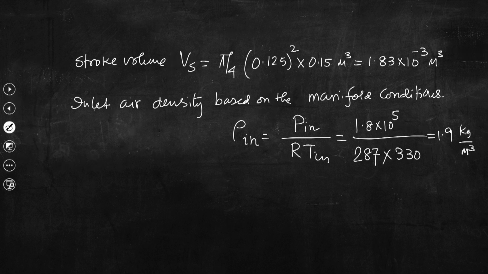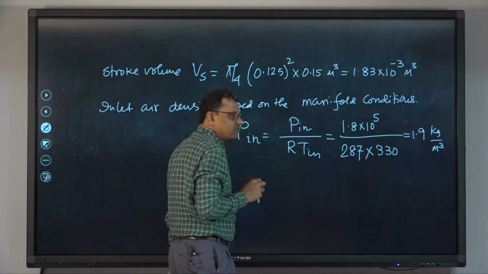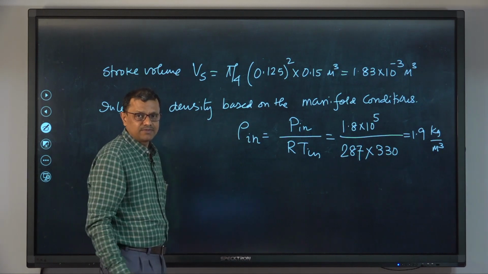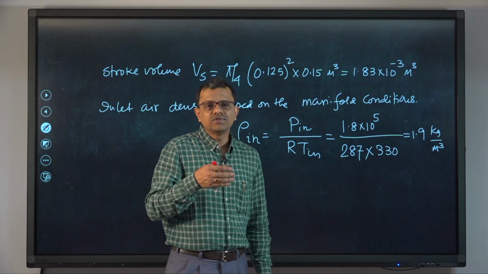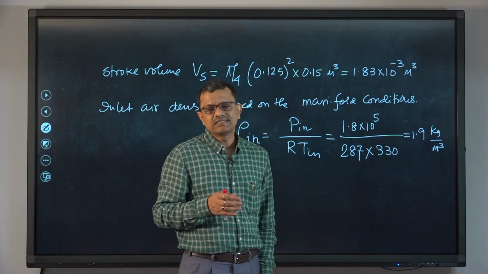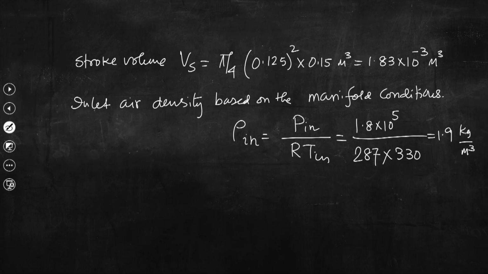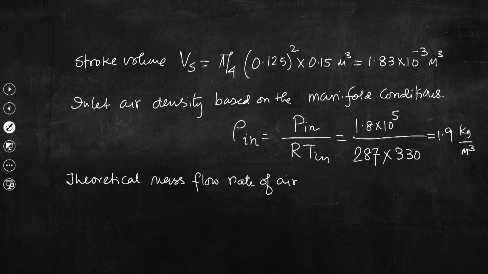Okay. Now, having calculated the density of inlet air based on manifold conditions and knowing the stroke volume or displacement volume, we can calculate the amount of mass to be inducted theoretically to the cylinder or to the engine. So, let me write here the theoretical mass of air per cylinder per cycle.